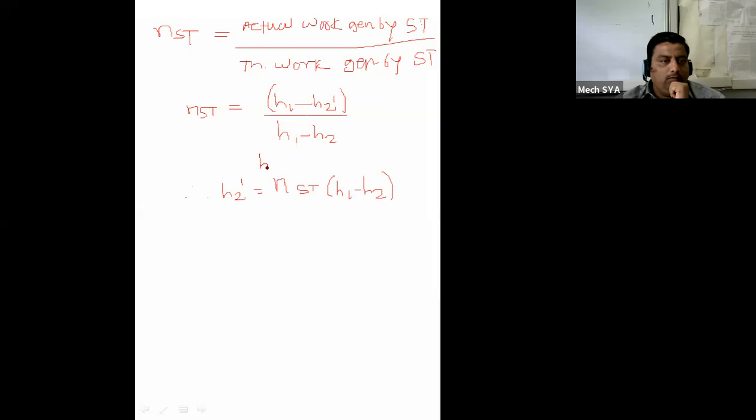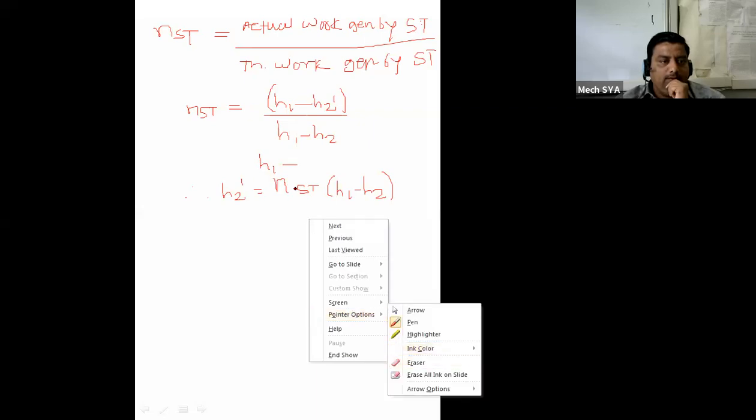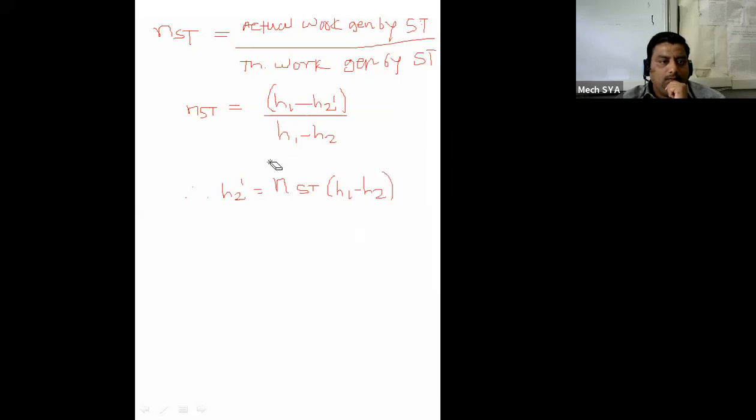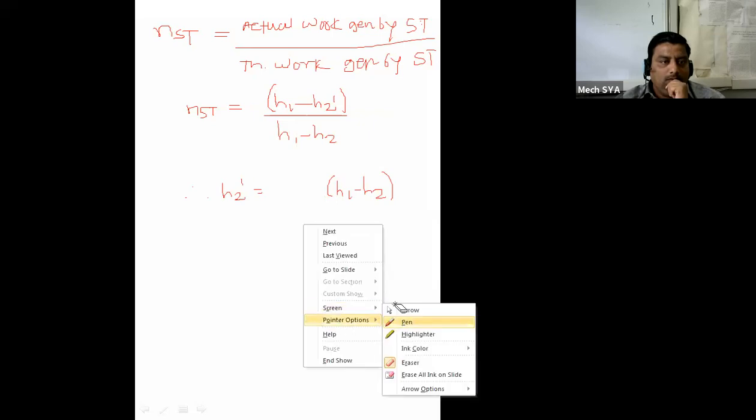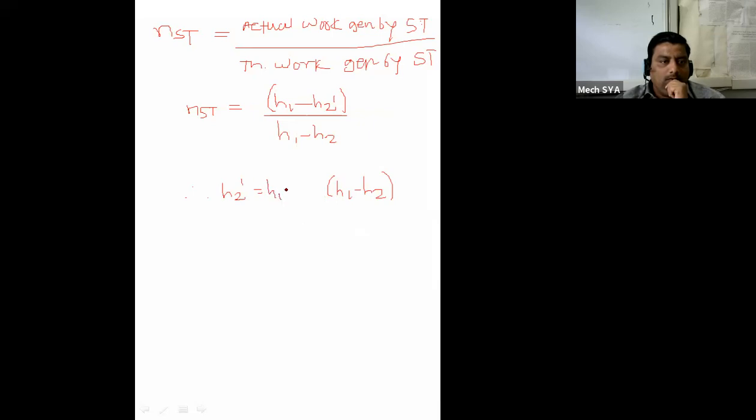H1 minus, if you simplify it: H1 minus H2 dash is equal to eta turbine in bracket H1 minus H2.